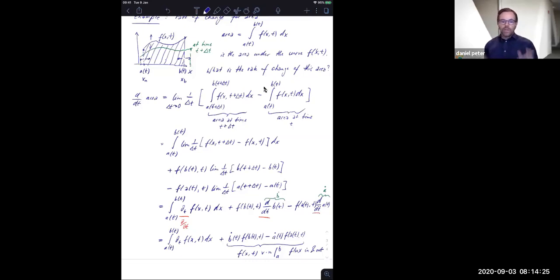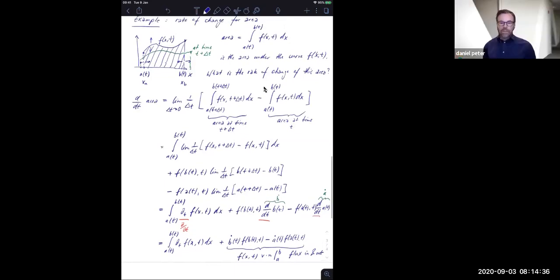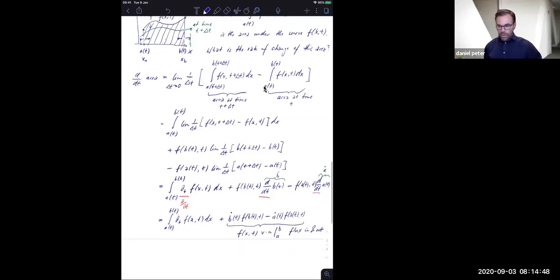And this is like the flux of the quantity that can come in or out. Good, so in principle, the rate of change of area is determined by the change of the curve within these boundaries plus the flux that goes in and out. You can look at it this way.